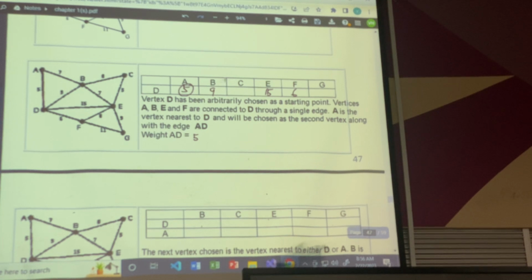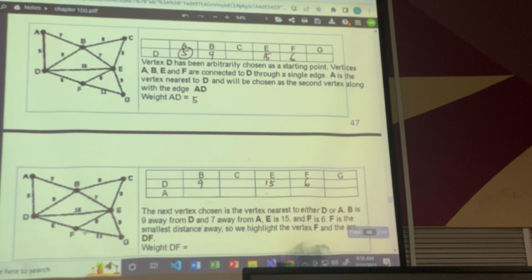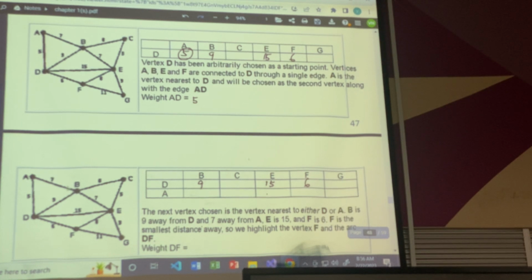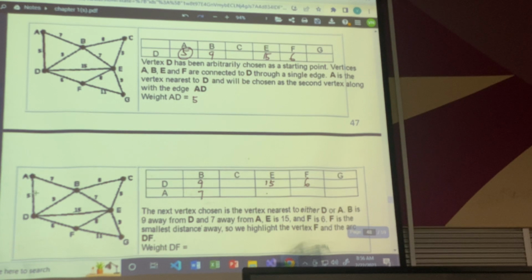Once you move A to the second row, you do the same: D you just copy down from the first table, this one is 6. And for A you need to check again what is the weight connected to A. We have 7 to B, no more. So vertex A is only connected to B with the weight 7.